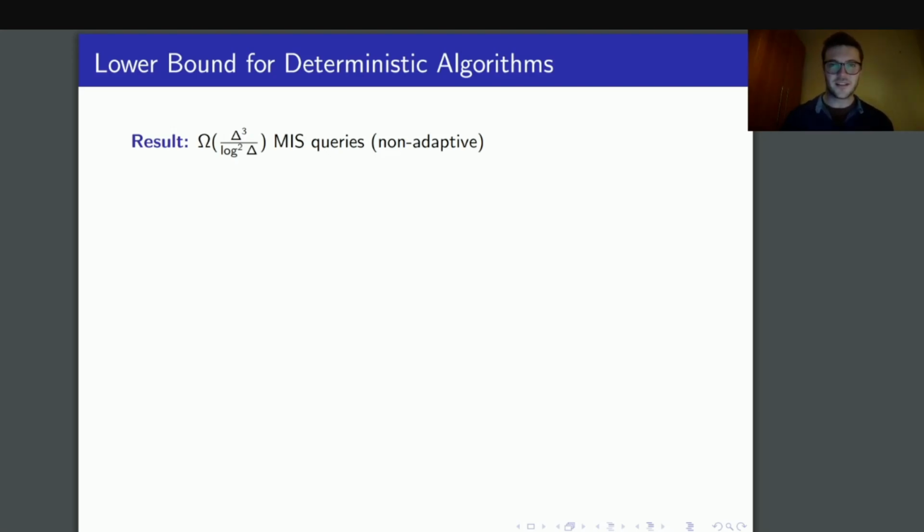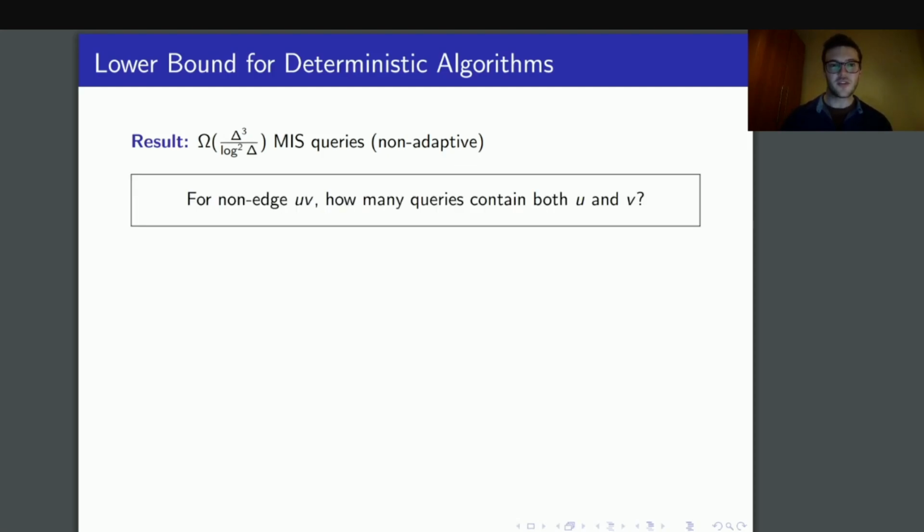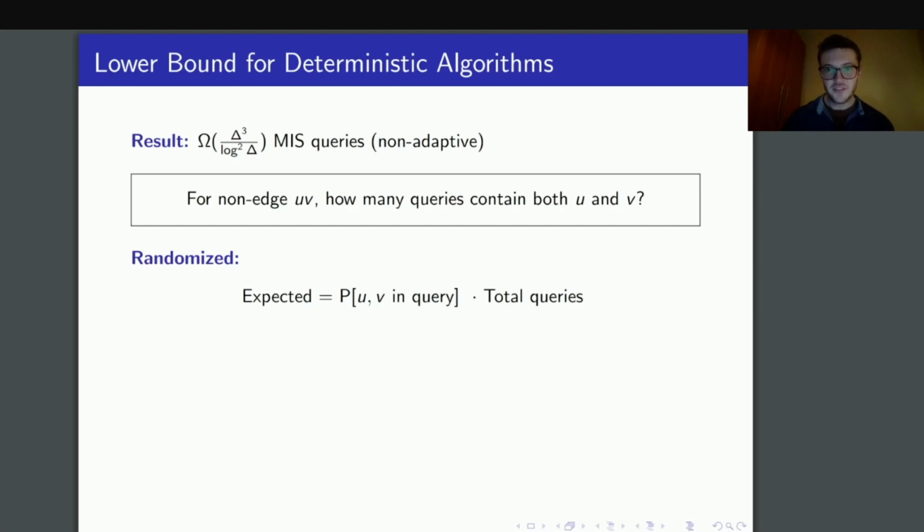We can see exactly where this factor of delta difference arises when we consider the question for the non-edge UV: how many queries contain both U and V? When looking at our randomized algorithms, the expected number of queries that contain both U and V is given by the probability that U and V are in a query times the total number of queries that we ask for that algorithm.